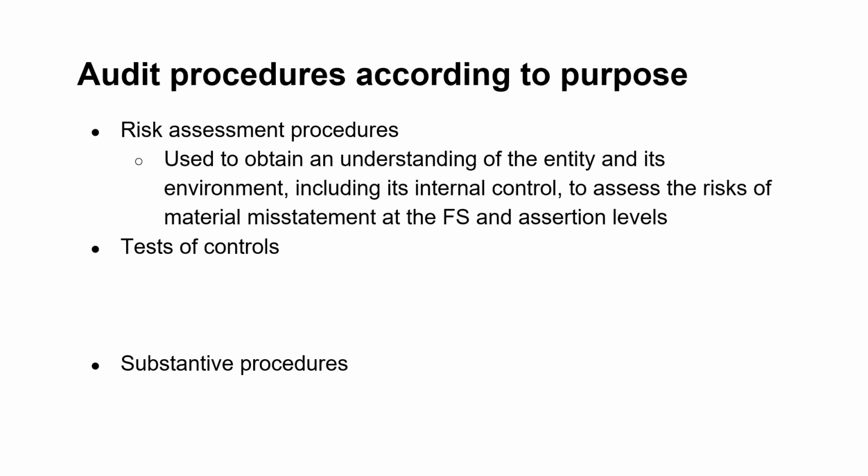So risk assessment procedures are intended to assess the risks of material misstatement, and we said this is where the GTKY, getting to know you, would come in, and the auditor will get to assess both inherent and control risk of the client. And we also made mention that under risk assessment procedures, we basically perform the big three IIO: inquire, inspect, observe, and of course, included to that is analytical procedures if performed in the planning phase.